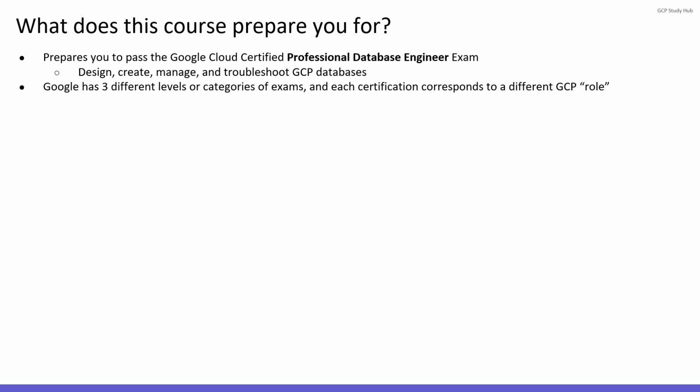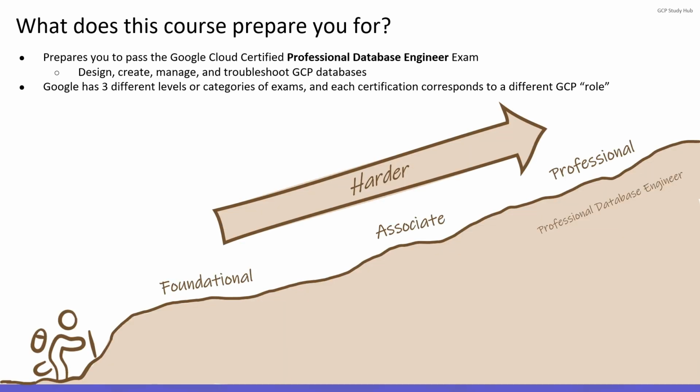GCP offers 3 different levels or categories of exams, and each individual certification corresponds to a different GCP role that an organization needs. When looking at the difficulty, the exams get harder as you move across the categories.